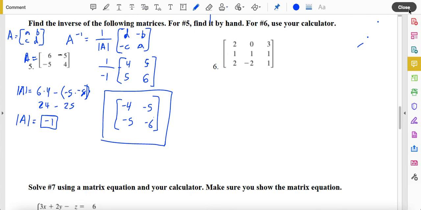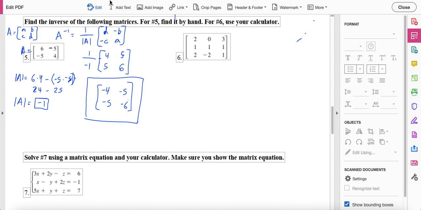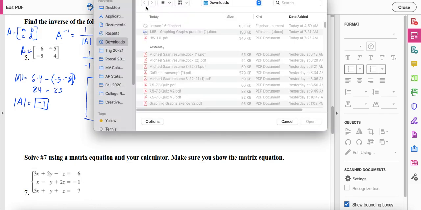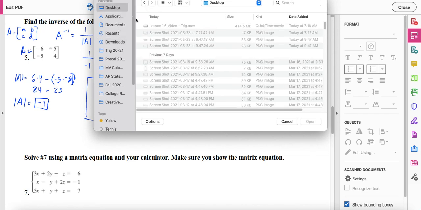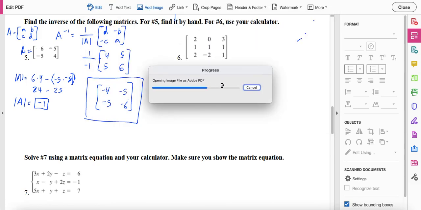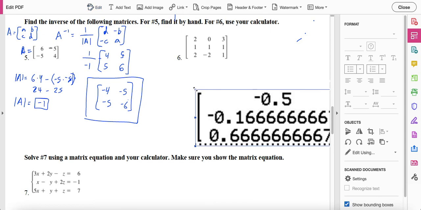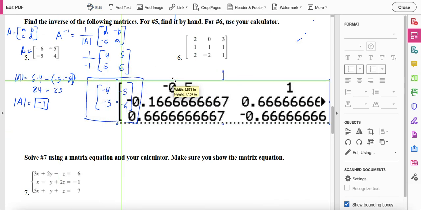So here we go, inserting in our solution. All right, it's a little large.